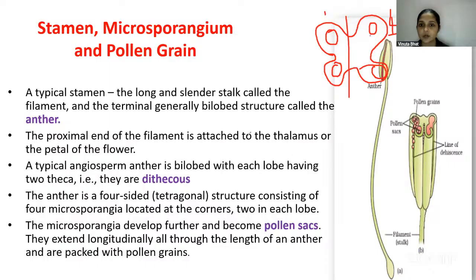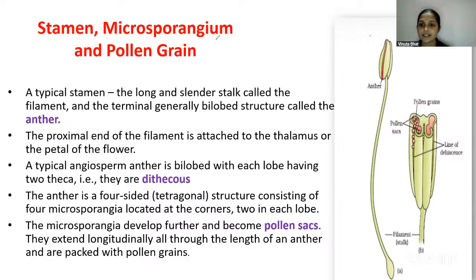So that is called tetrasporangiate. Tetra means four. These microsporangia grow into pollen sacs. Pollen sacs produce the pollen grains later. So that is the meaning of the dithecous bilobed anther, and these microsporangia develop into pollen sacs.